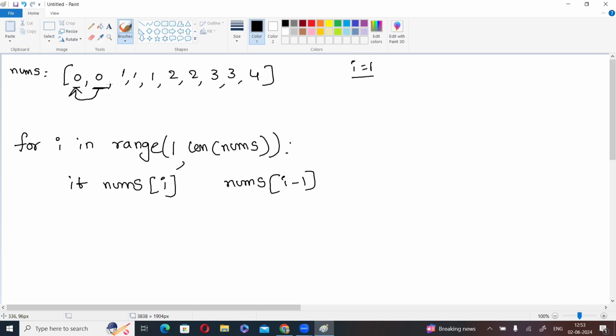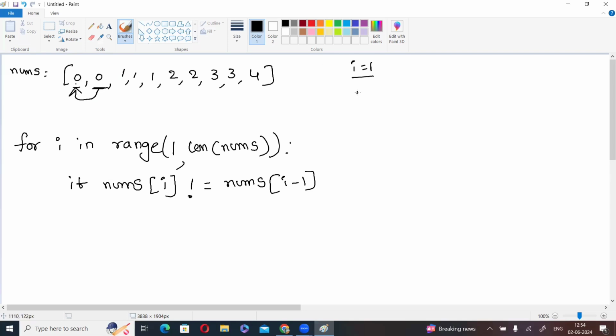If both are equal, it means duplicate. That is not required for me. If both are not equal, then nums of i is not equal to nums of i minus 1. So 0 is not equal to 0? No, so I am not doing any operation.